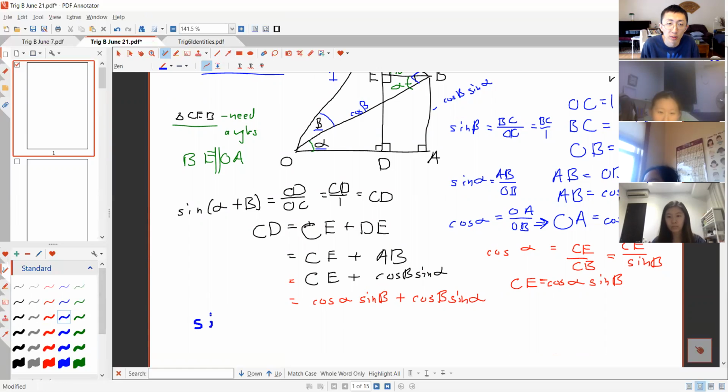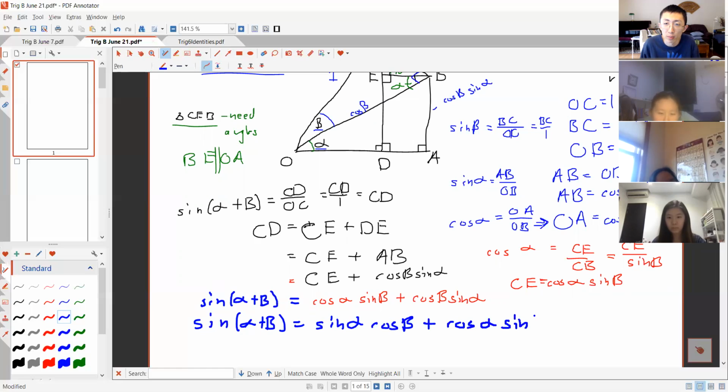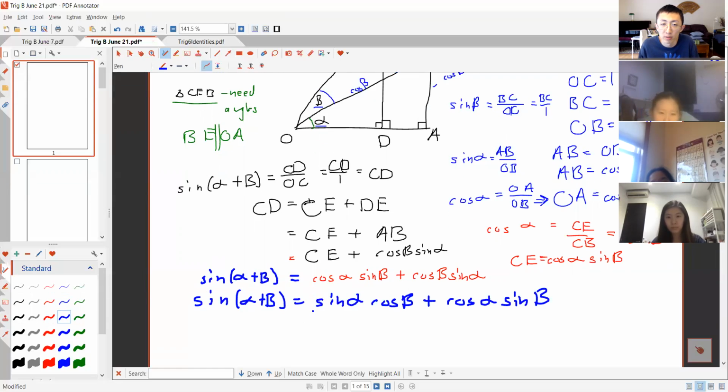So usually it's written like this, sine of alpha plus beta. So this was all equal to sine of alpha plus beta. It's equal to sine alpha cosine beta plus cosine alpha sine beta. This is the sine angle sum addition formula. So just sine addition formula.